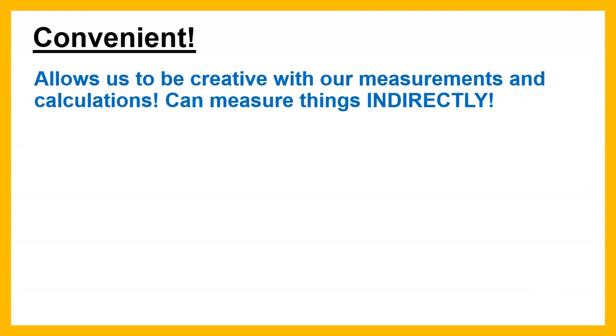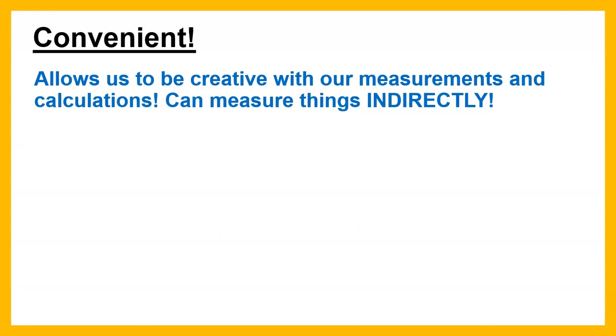One of the reasons why this first law of thermodynamics is so important is that it's very convenient. It allows us to be very creative with how we measure things and the calculations we can perform. You learned when we did calorimetry that it's difficult, for example, to put your thermometer inside a metal block, right? You can't get that thermometer inside a solid object. So what we do instead is we measure indirectly.